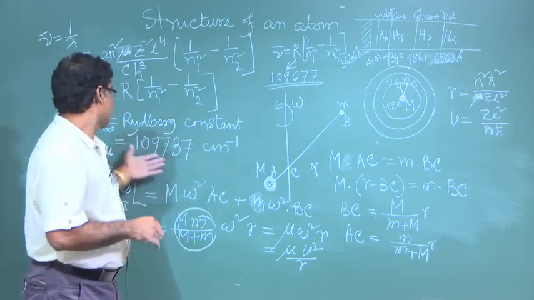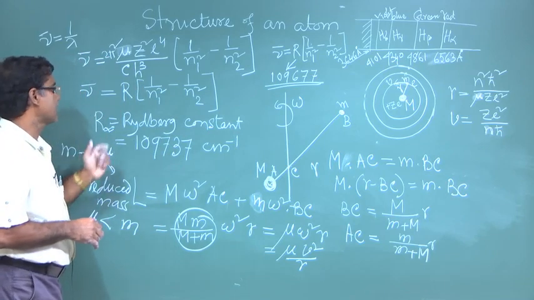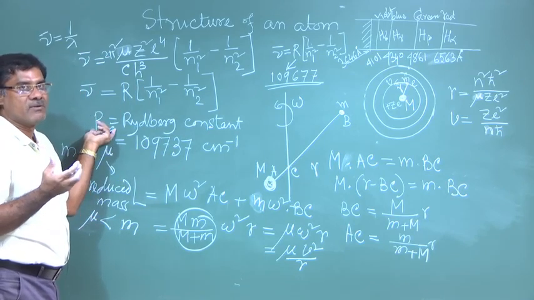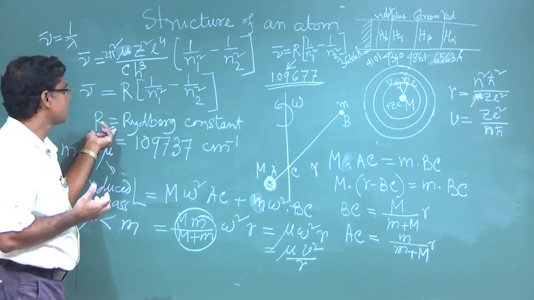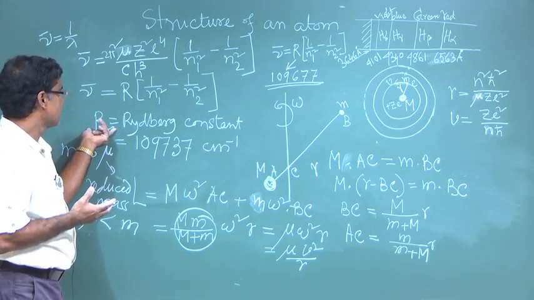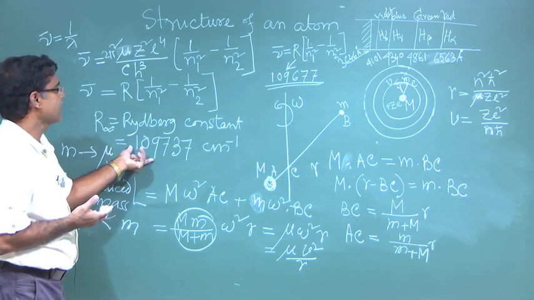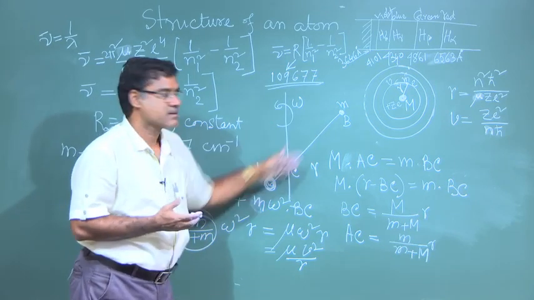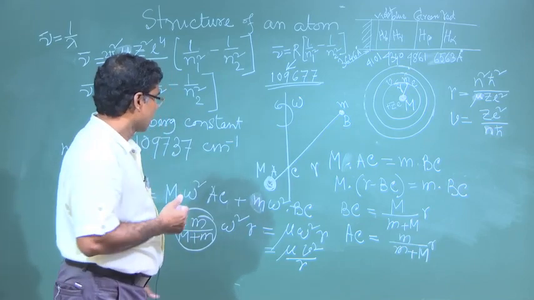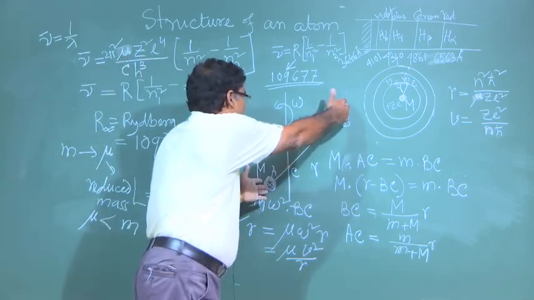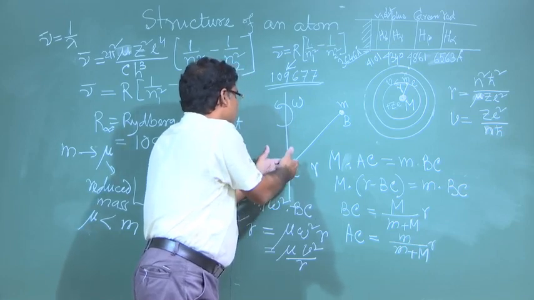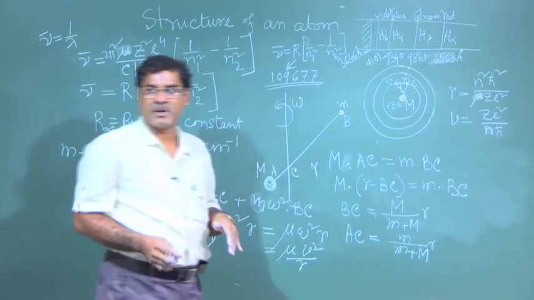So, this Rydberg constant value is for when you consider the nucleus to be of infinite mass, at rest, but in reality that is not the case, and one has to consider that both the electron and the nucleus are rotating with respect to the center of mass.